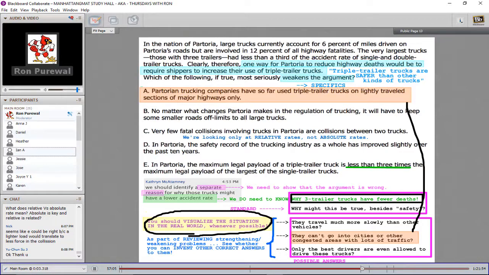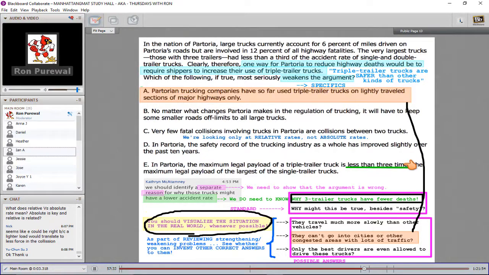It's not a lighter payload overall. This choice is just saying that you can't take the single trailer and actually multiply it by 3. So for example, if a single trailer truck can carry, let's say, 20 tons, this is just saying that a triple trailer truck is not allowed to carry 60 tons. That's all that it's saying.